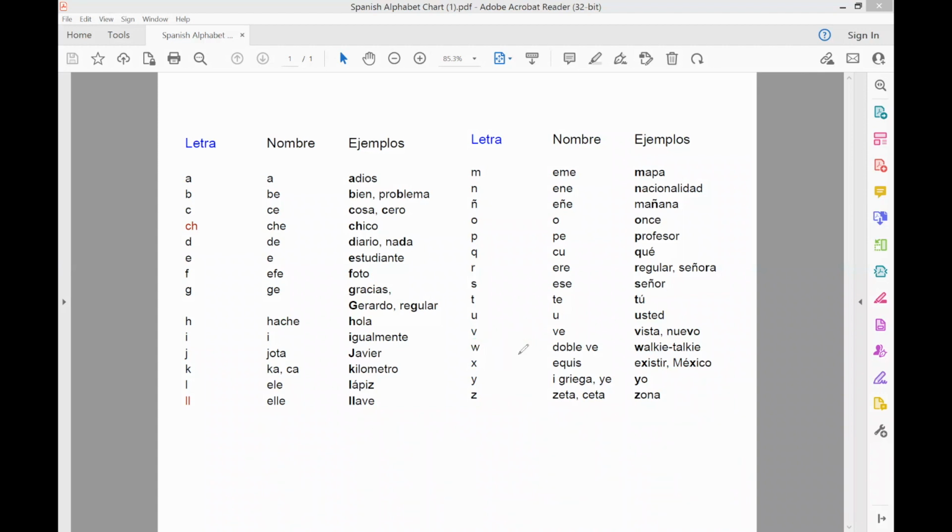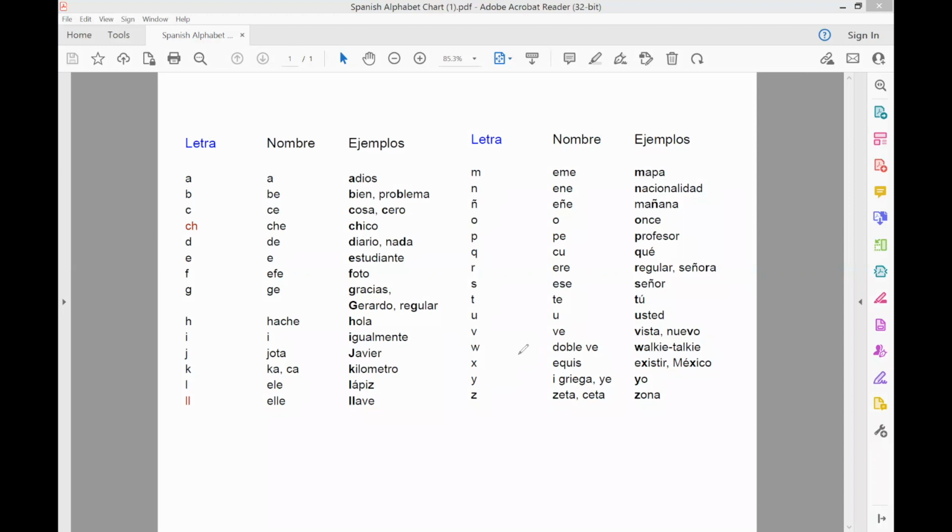Repite. W. Walkie-talkie. The reason we have walkie-talkie is that there are no Spanish words that start with a W. The only W words are words from other languages that have been brought into Spanish.